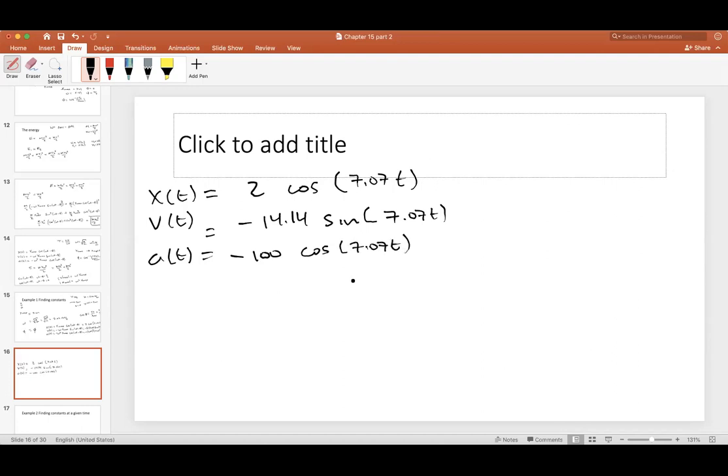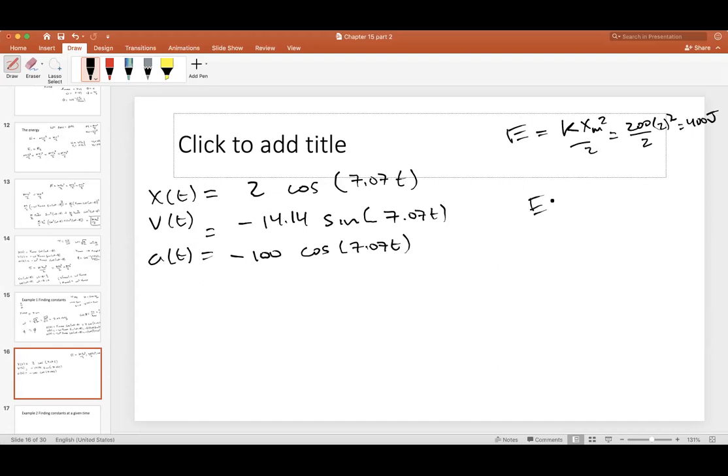Okay? So now that I know those things, I could ask for the energy, right? And that would be k x max squared over 2. And this was 200 over 2 times 2 squared, which is 400 joules at any time.